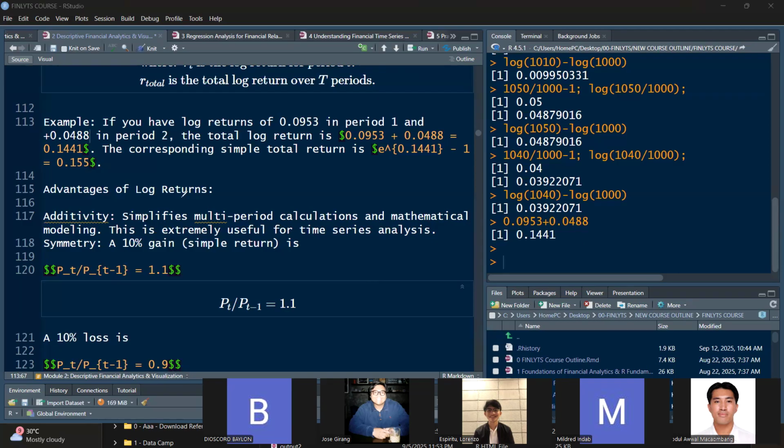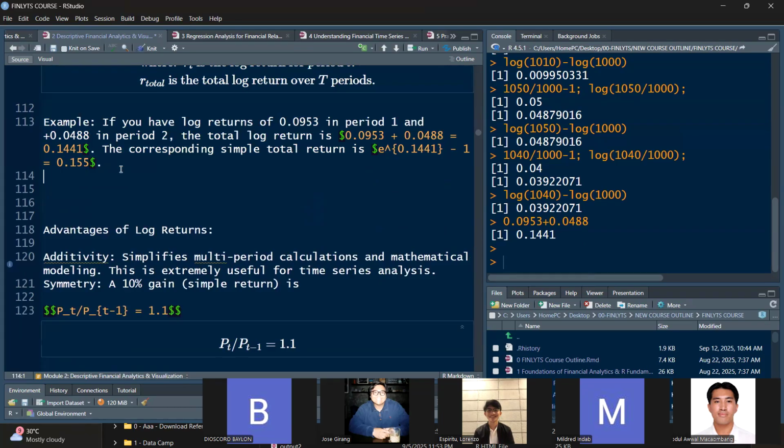To convert, if you want to get the simple return, R sub T, it's equal to e to the r sub T minus 1. Maybe we can put it in LaTeX as practice. Let's put it in LaTeX, class, and you write with me.